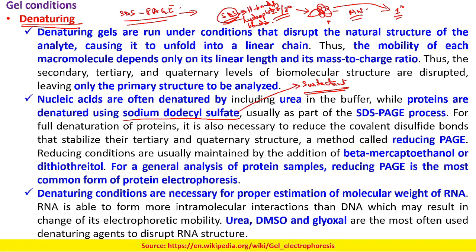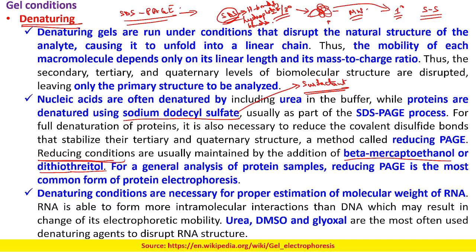Apart from this, we have disulfide bonds, S-S bonds, within the proteins. To break these bonds, we use reducing agents such as beta mercaptoethanol or dithiothreitol.